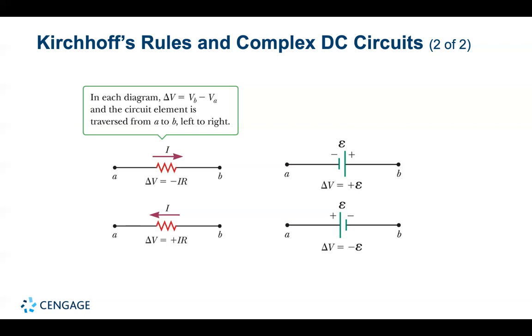If a source of EMF is traversed in the direction of the EMF, from the minus to plus terminal, the change in electric potential is plus epsilon. If a source of EMF is traversed in the direction opposite the EMF, the change in electric potential is minus epsilon. To solve a particular circuit problem, you need as many independent equations as you have unknowns.